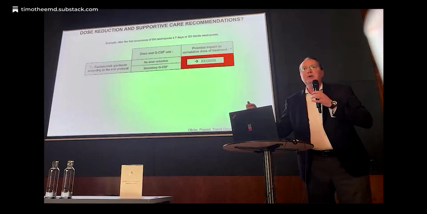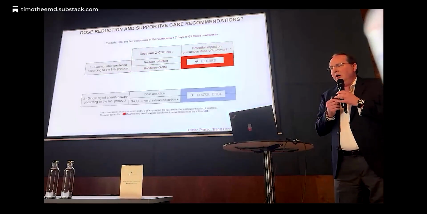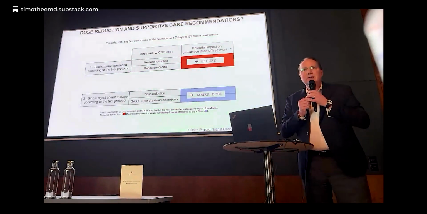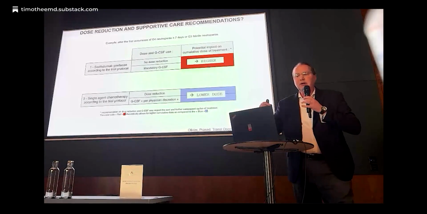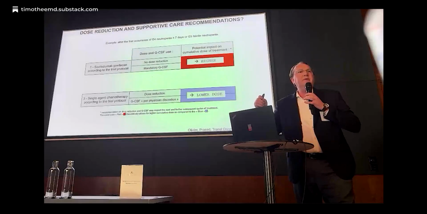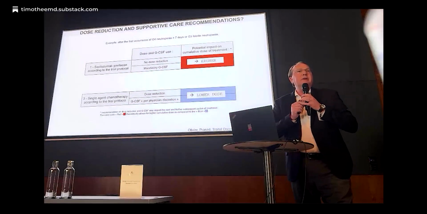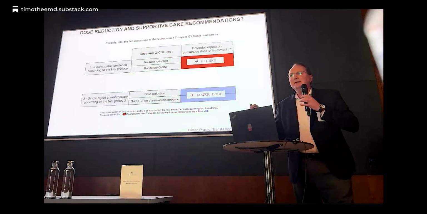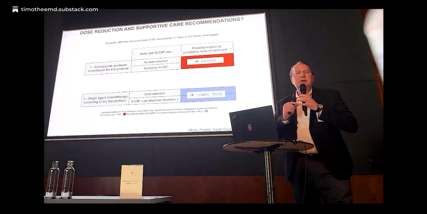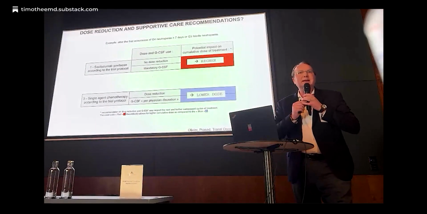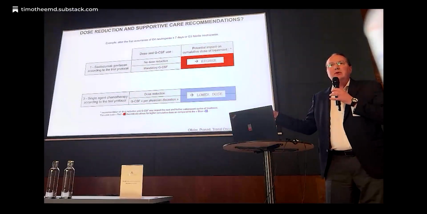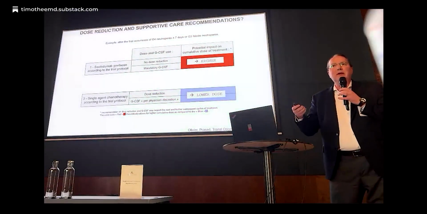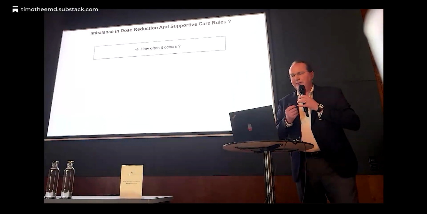You don't have a dose reduction. On the contrary, if you were in the single agent chemotherapy group, for the next cycle, 1 dose reduction, and G-CSF was at physician discretion. What does that mean? We know that these trials are conducted globally. So in some countries, G-CSF is not available. So maybe there are some patients that receive a lower dose, and in a sense, it's favoring the experimental therapy.